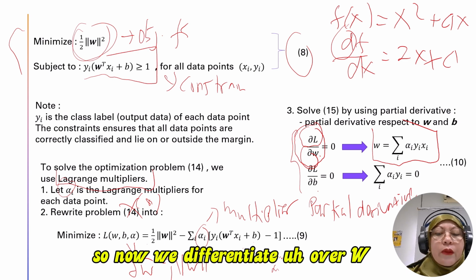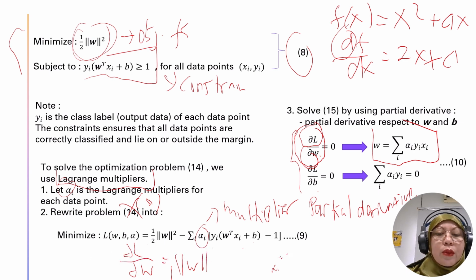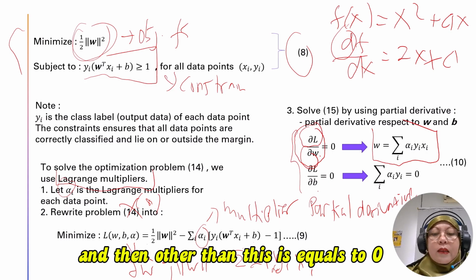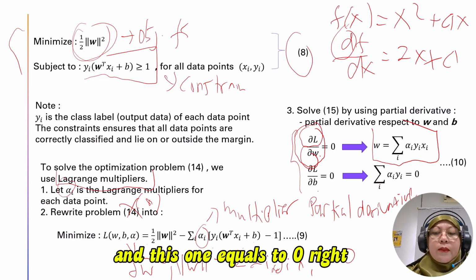Now we differentiate over W, so we have sigma alpha i yi xi only. Everything other than this equals 0.